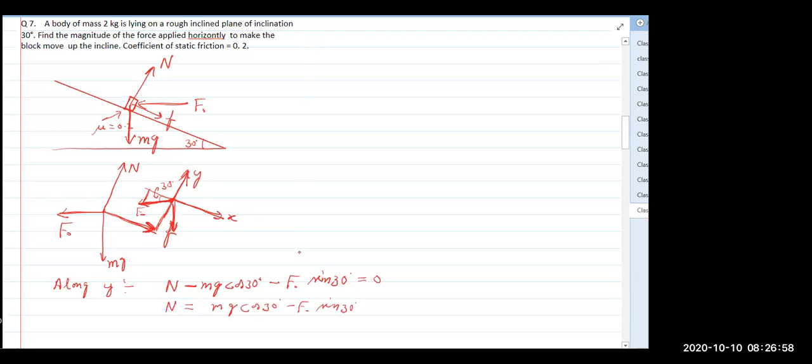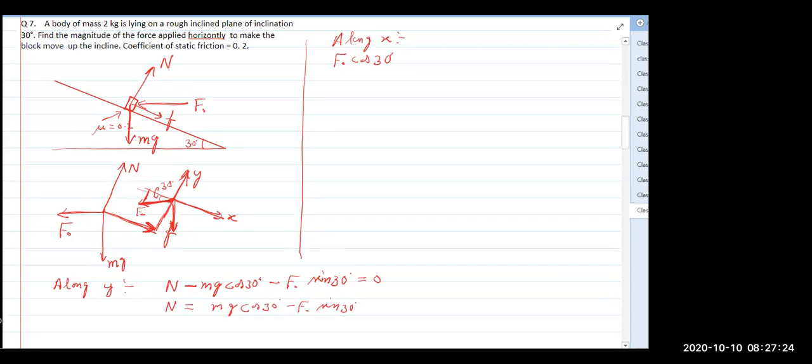Now along x direction, if we write, f naught cos 30 is up the incline, and it should overcome the down the incline forces.